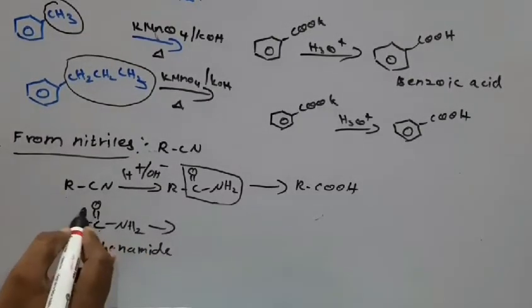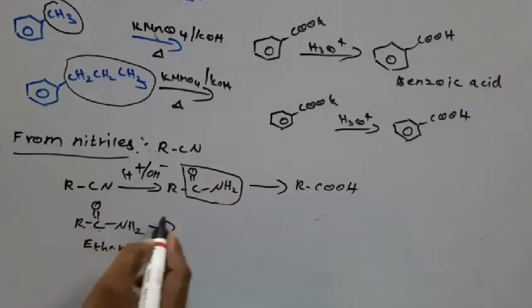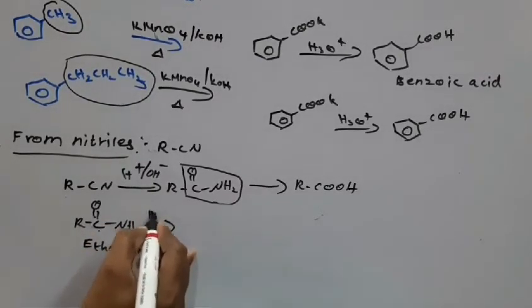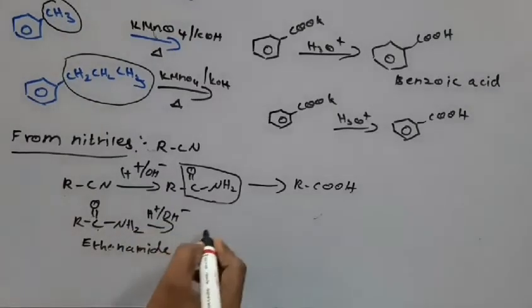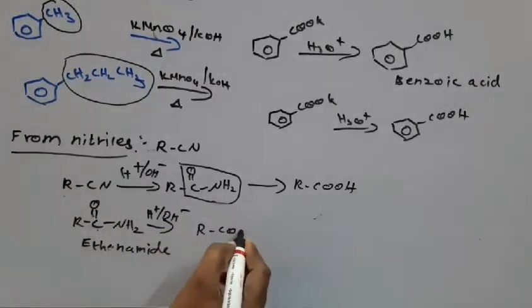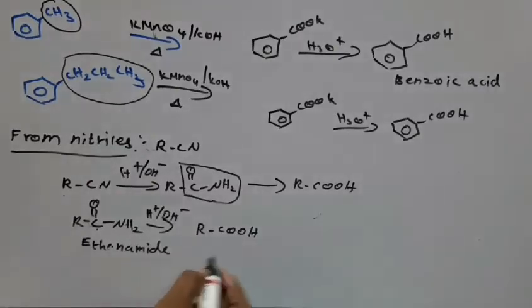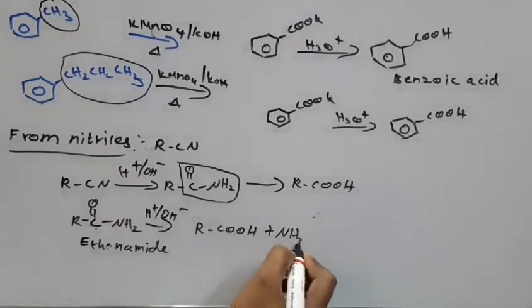This ethanamide, in the presence of acidic or base medium, produces acid, and NH3 is a byproduct.